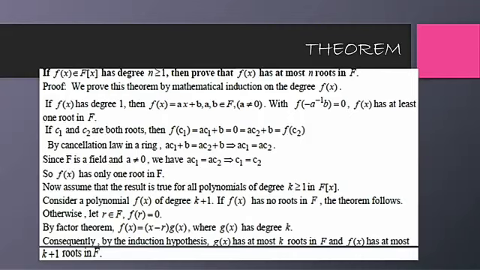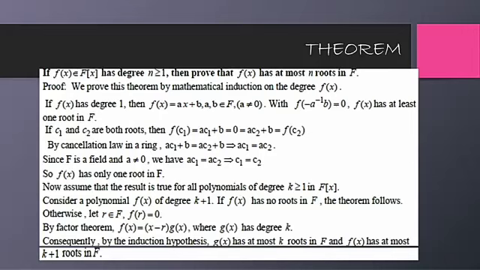Now assume the result is true for all the polynomials of degree k greater than or equal to 1 in F of x, because it's the mathematical induction process. So the third step will be considering a polynomial f of x of degree k plus 1. If f of x has no roots in F, the theorem follows. Otherwise, let r belong to capital F with f of r equal to 0.